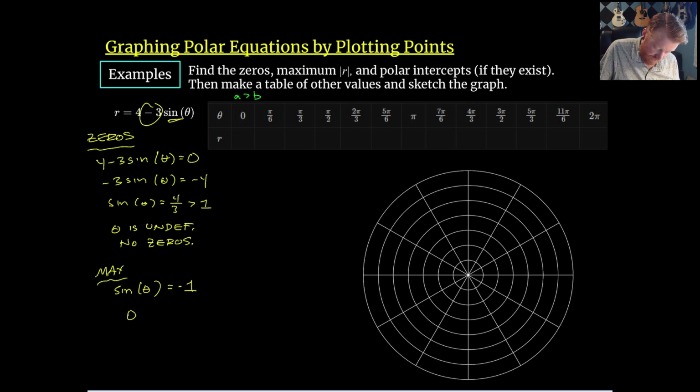So this will be when theta is equal to 3 pi over 2. If we plug 3 pi over 2 into our function, 4 minus 3 times sine of 3 pi over 2, we're going to get 4 minus 3 times -1, which is going to give us 7.